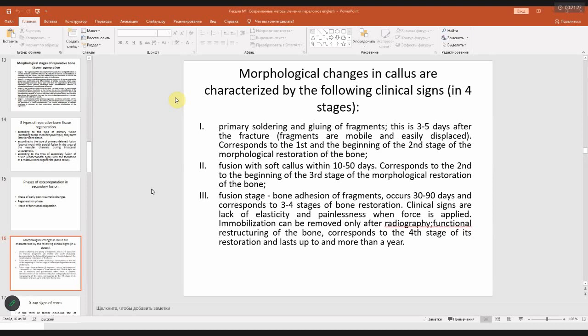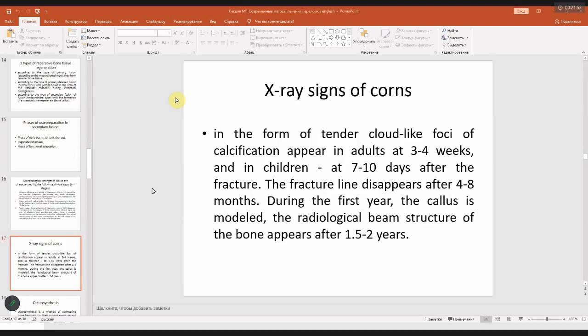Immobilization can be removed after radiography. Functional restitution of the bone corresponds to the fourth stage of its restoration and lasts up to and more than a year.